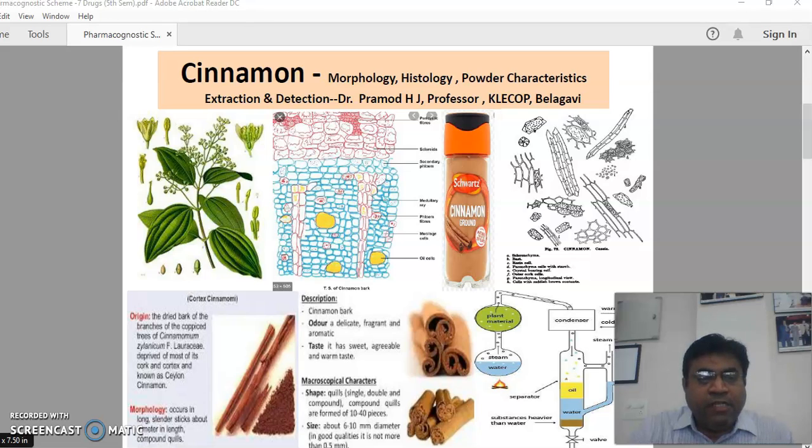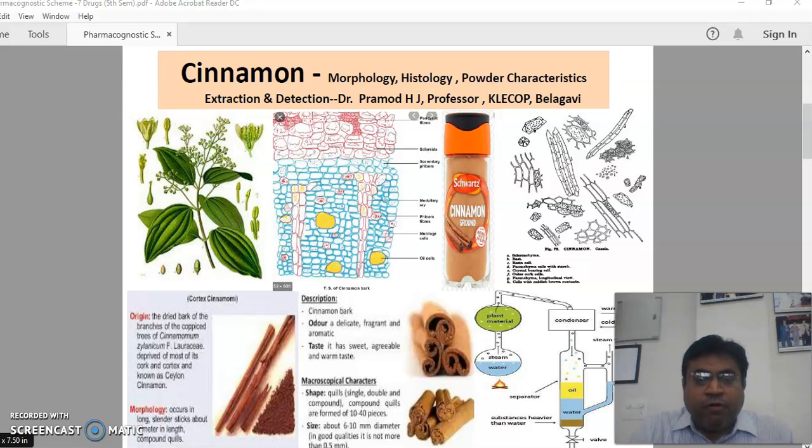Basically the inner bark, after most of the cork and the cortex is removed, is known as the Ceylon cinnamon. The Indian variety is also called cassia cinnamon, which is the outer bark of that particular cinnamon. You can see in this slide the various types of quills, in single, double and compound quills, which are formed of 10 to 40 pieces.